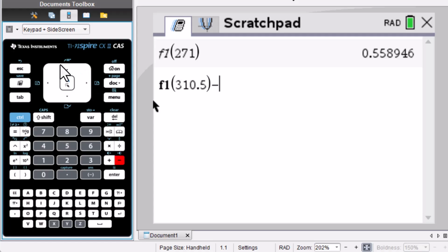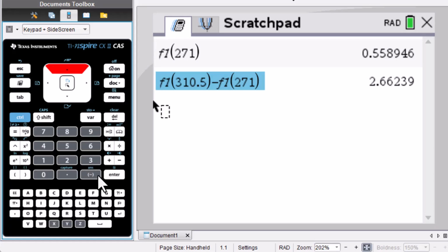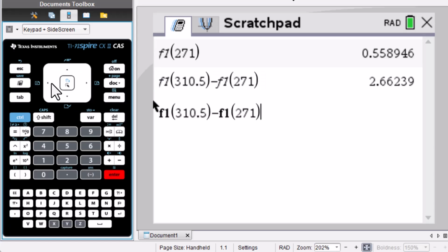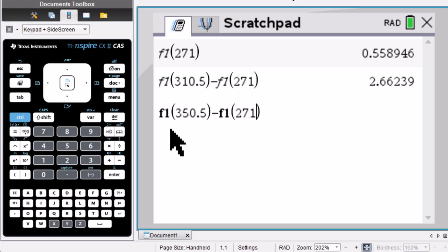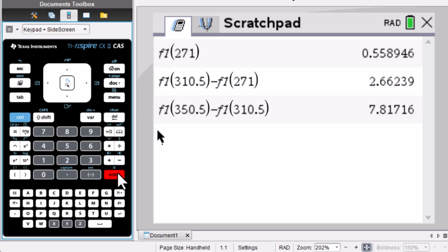Then minus F1 of 271. Enter. Then 350.5, 310.5. Then enter.